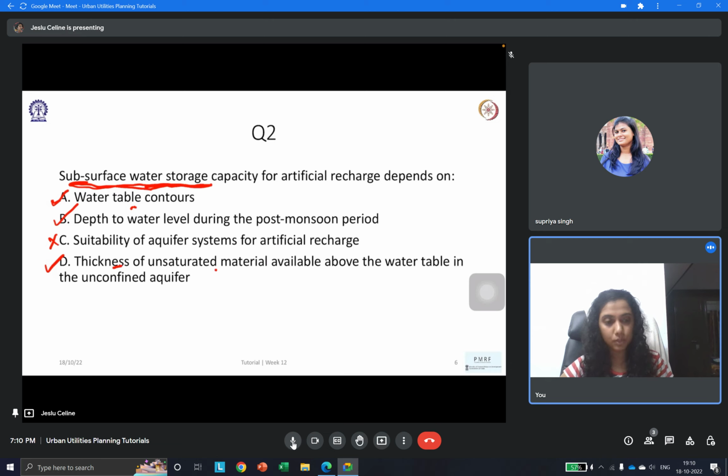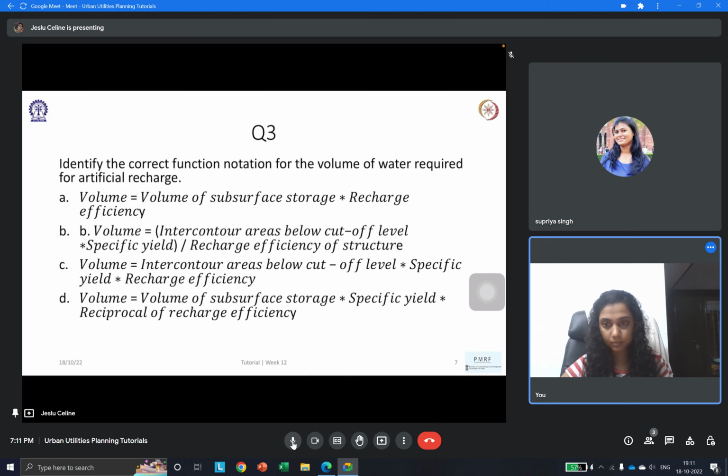Because saturation will also depend upon that for the subsurface. If you have a thicker unsaturated material, then that much area is to be saturated. So that also influences the water. But suitability of the aquifer systems for artificial recharge does not influence. Fine. Let's proceed further.